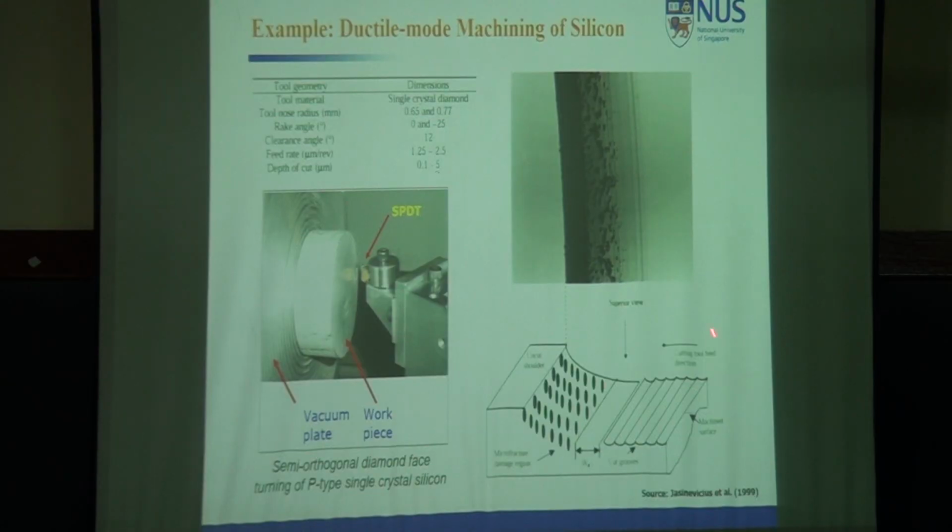By changing the feed rate, for silicon the critical chip thickness is 1 micron, and from there we got into a depth of even 0.5 millimeter. Okay? It played with feed rate.